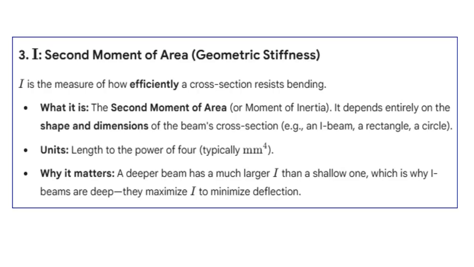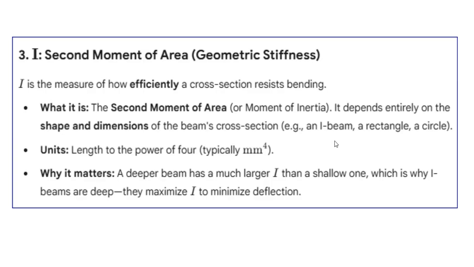I, the second moment of area: based on the diagram I explained, we already discussed it. So why does it matter? I is a measure of how efficiently a cross section resists bending. The second moment of area, the moment of inertia, depends entirely on the shape and dimensions of the beam cross section.